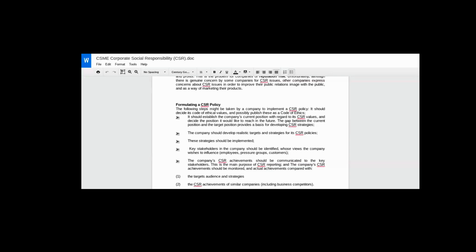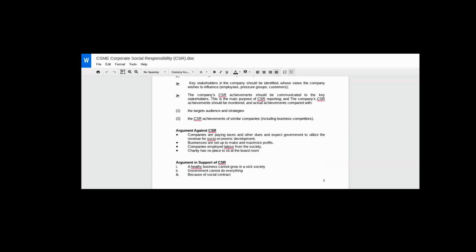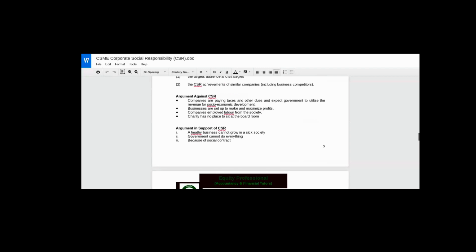Maybe it's in the area of sport development, agricultural support, entrepreneurial support, educational support, employment creation, healthcare support. That is what number 2 is saying. And I've informed you of all this. So the formulation of CSR policy and implementation of CSR policy, they are the same thing.